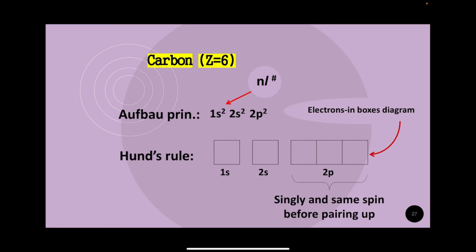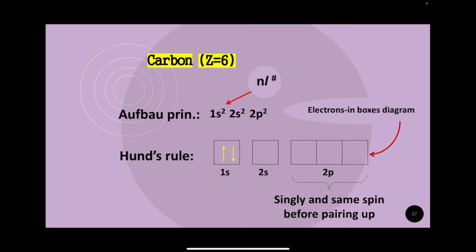And then we start to fill up the electrons. For the 1s we need to fill up first. So this is the first electron, the second electron. Remember, using the spin quantum number, half positive, half negative.